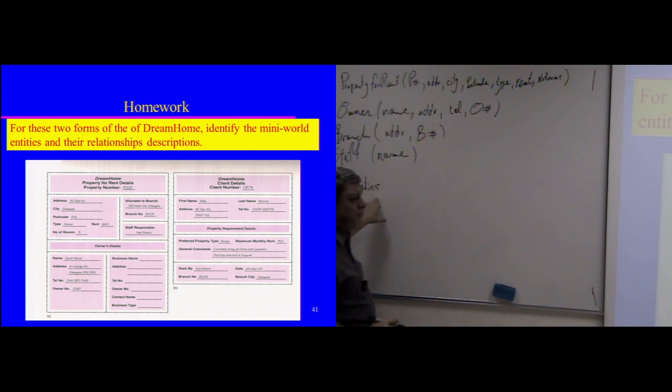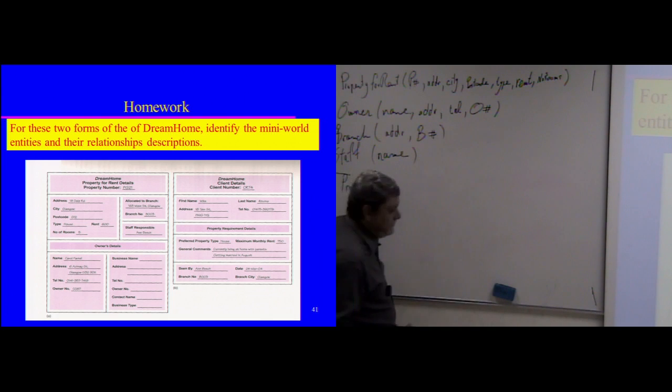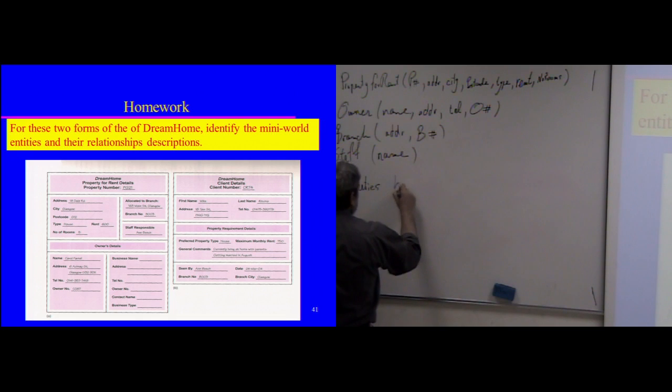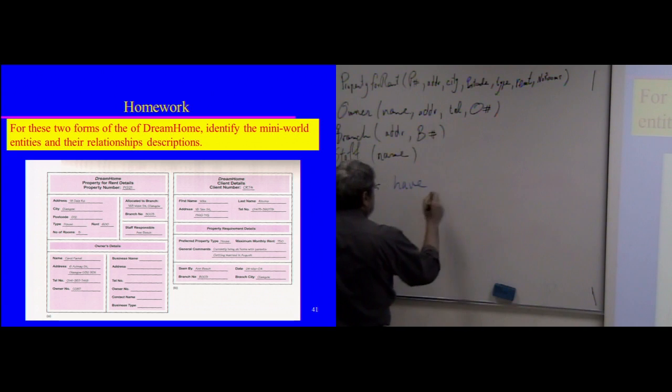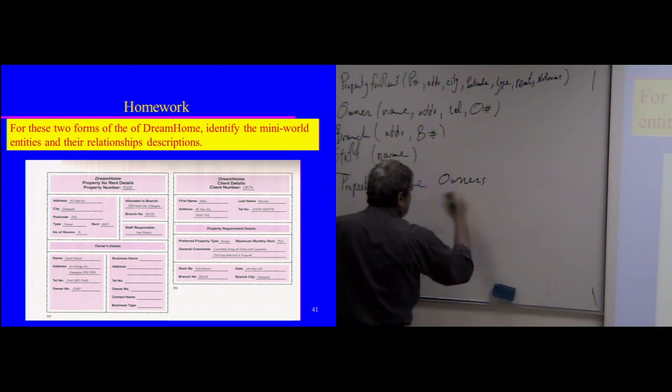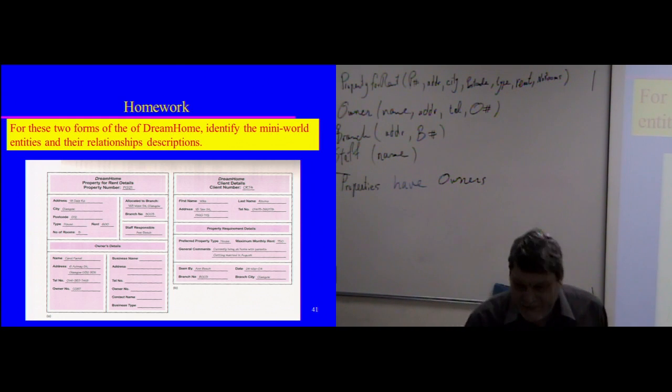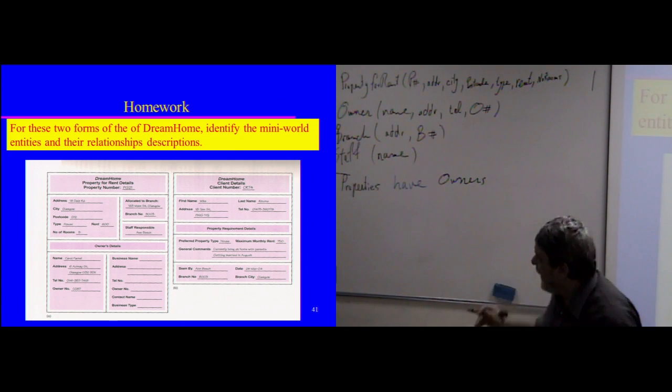Use the plural here. Properties have owners. Let me use another color for the verb. Properties have what? Owners. So the relationship is has. In this example, the relationship is has. Properties have owners. Now let's try the details.